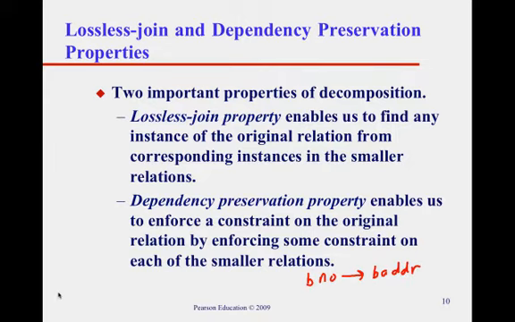Okay, so that's a constraint. Given a branch number, say B009, it should always map to the same branch address. So if we decompose the staff branch relation into two relations, one of which is a branch relation, we should still be able to enforce the constraint that branch number determines branch address. So that's what this second property, dependency preservation, means.